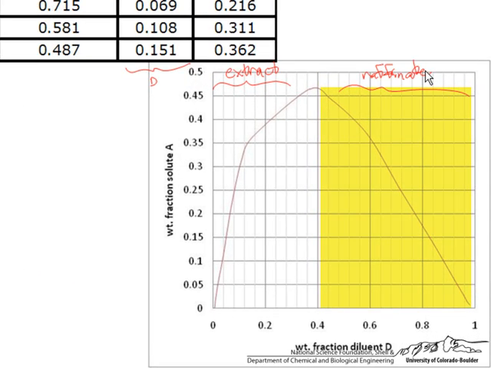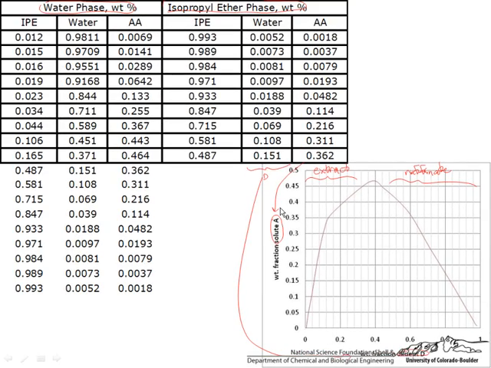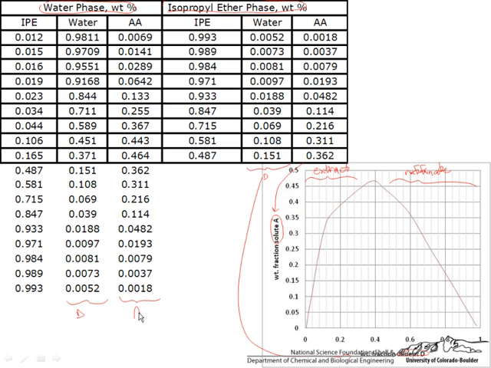We always plot it so that the extract is on this side and the raffinate is on this side, because we always plot the solute A versus the diluent D. So the diluent is down here and the solute is right here. Now I want to combine all of this data so that it's all in one big line here. So this is my diluent and this is my solute.